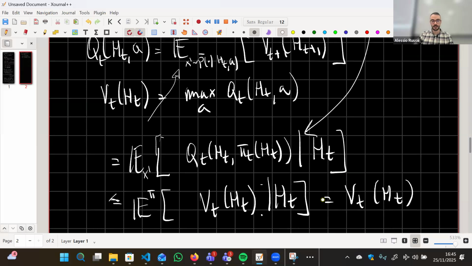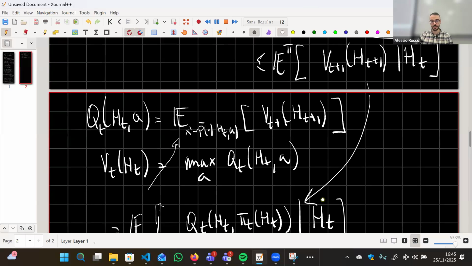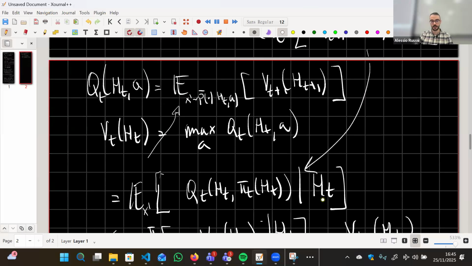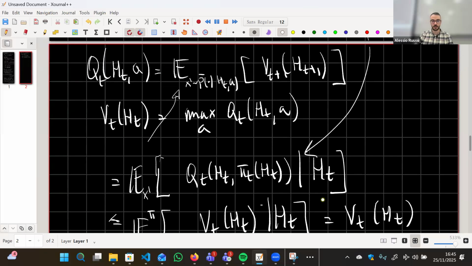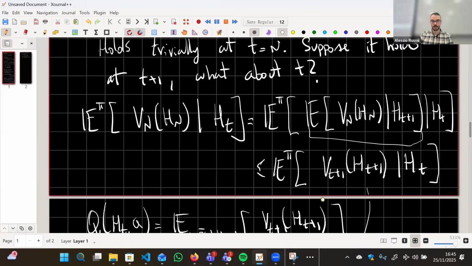And then we know that V t is the maximum over actions of Q t. So this quantity here is upper bounded by this quantity. But this is an equality if we use pi star, because pi star is defined as the argmax over A of Q t. So this is an equality. And the same, we can also show that this quantity will be an equality here.